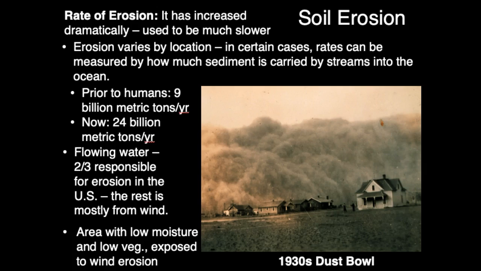This picture that you have right here on the right is a picture of the Great Plains in Texas, Oklahoma. Actually, I don't know where this specific picture is taken, but the area that was affected was in the corner of Texas, Oklahoma, New Mexico, Colorado, and Kansas, kind of where they meet. So this area was called the Dust Bowl of the 1930s.